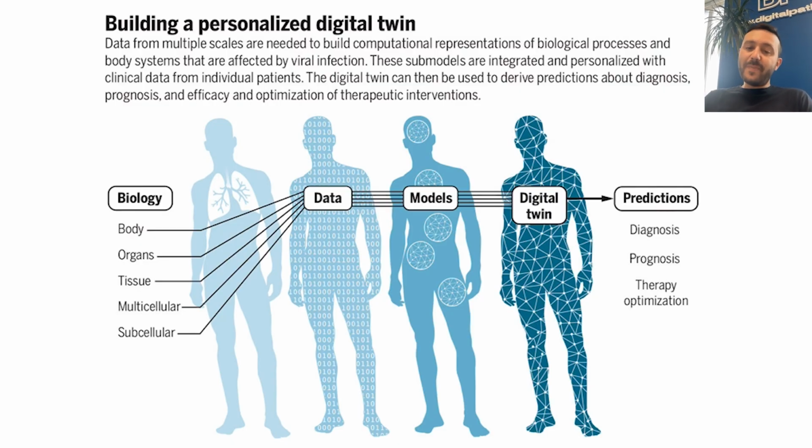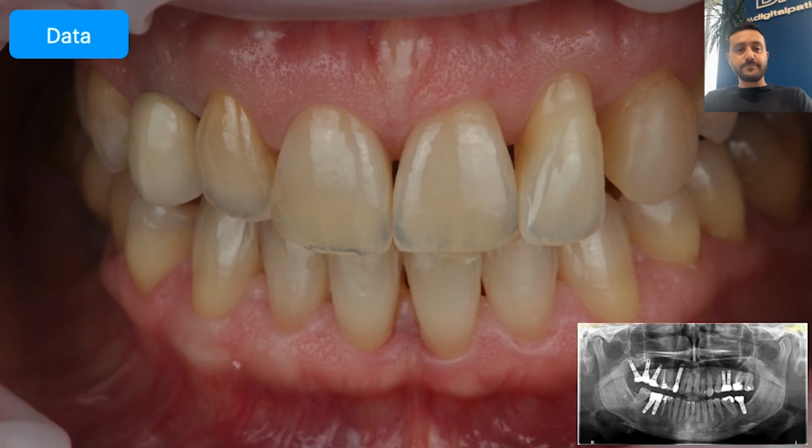But today, to make the right decision, we need more than just experience. We need data. So the next question is, what kind of data do we need in order to truly understand this patient before we even start? You can see the patient's intraoral condition.